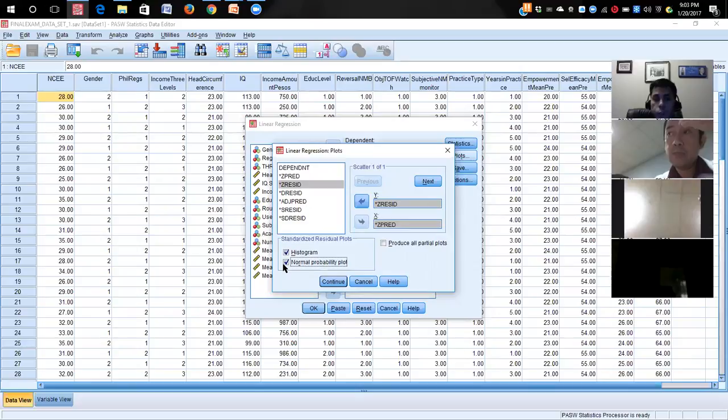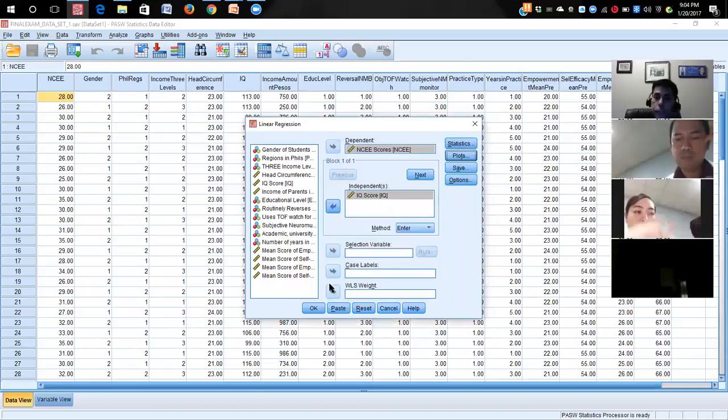This is our way of looking at the assumptions of the regression, which is homoscedasticity or homogeneity of the variance, and making sure that there is no heteroscedasticity in our data, to make sure that the assumptions of regression are met. We don't need to do save.